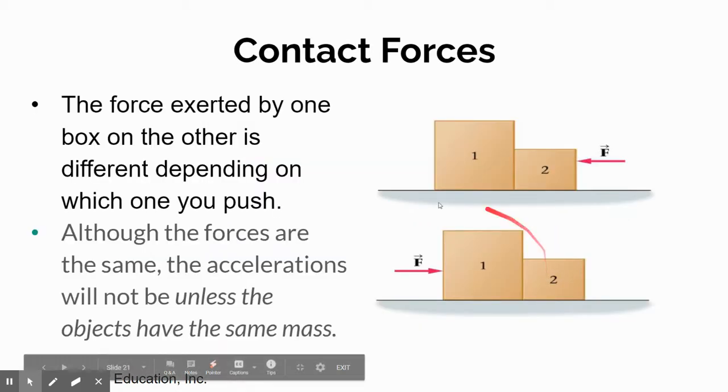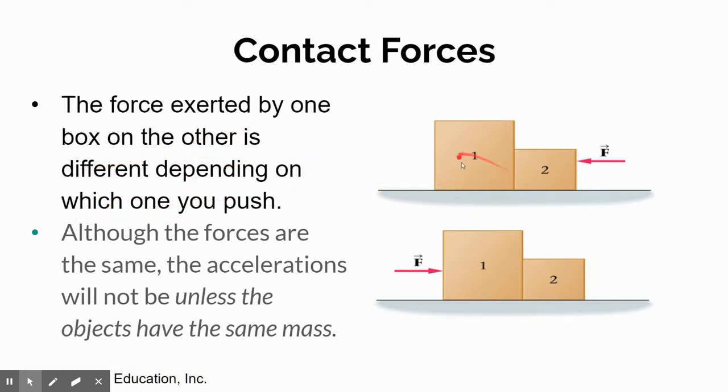Contact forces are a little bit different. So the force that's exerted on one box, so either 1 or 2, it doesn't matter, will be different depending on the one you're pushing on. So it's going to be different if we're pushing on box 2 versus pushing on box 1. So how will they be different?